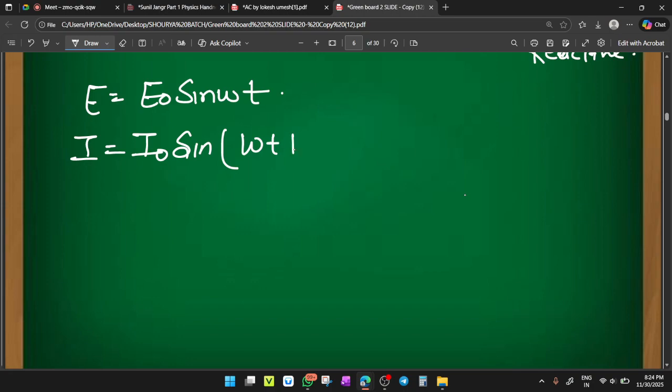We have the applied alternating EMF E equals E naught sin omega t, and we found I equals I naught sin(omega t plus pi by 2). So this is the zero phasor line, theta equals 0.